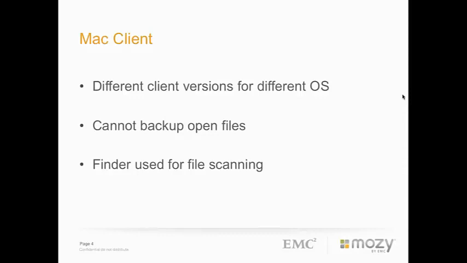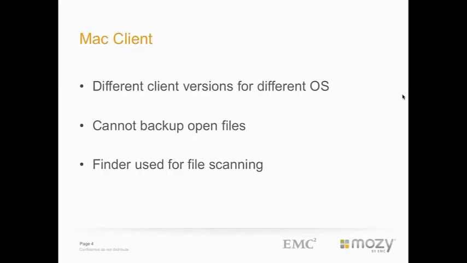The advantage of that is that if you have an external drive or a network share mounted in Finder, then it would also be mounted within the Mozy client. So if you open up the Mozy client, it'll already be there, and you don't have to go through the additional options of adding the network share like you do in Windows.